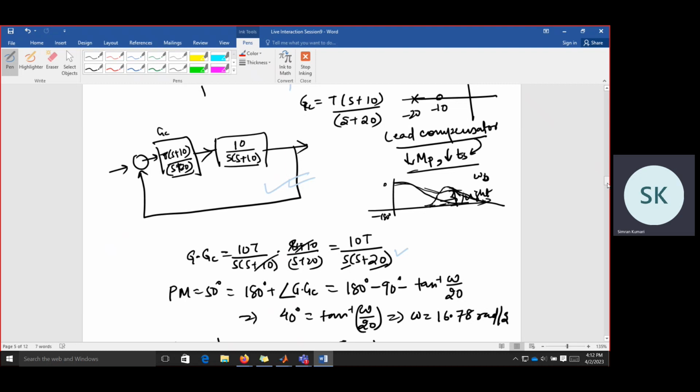In that case, we talked about different types of controllers, and we saw the PID controller. In the PID controller, the differentiator is not physically realizable, and the integrator is also very difficult to realize. So we tried to approximate the integrator with a lag compensator and the differentiator with a lead compensator.